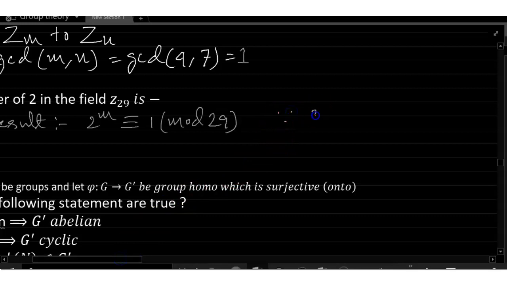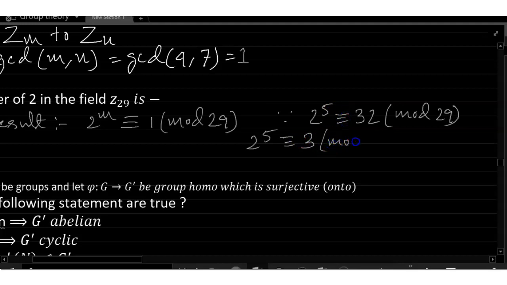Therefore 2 to the power 5 is equal to 32 mod 29, so this will become 3.